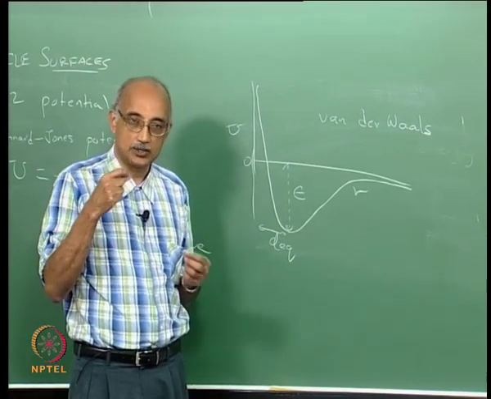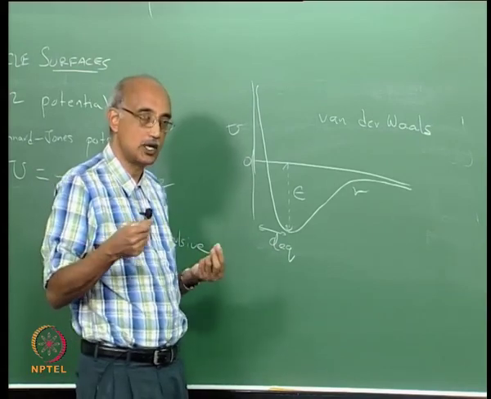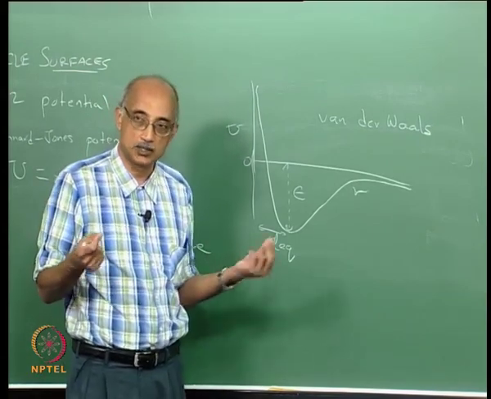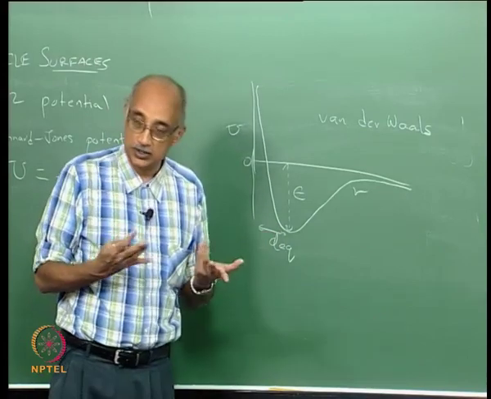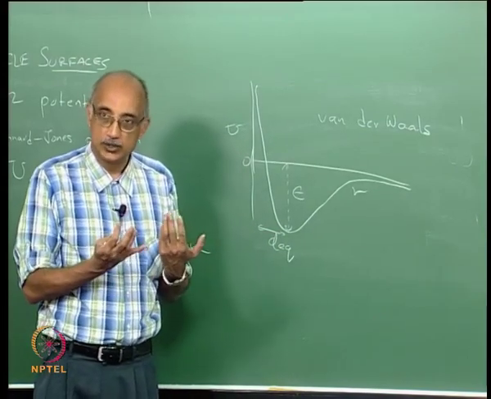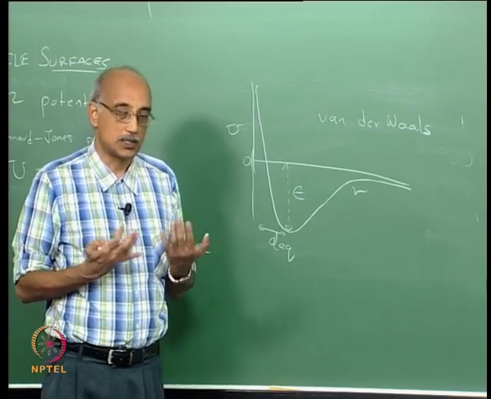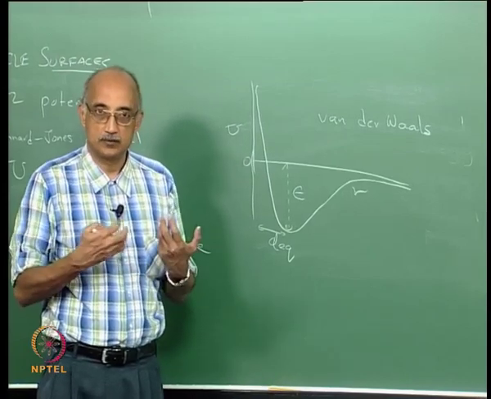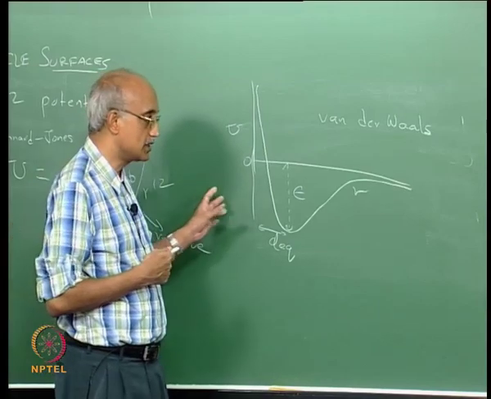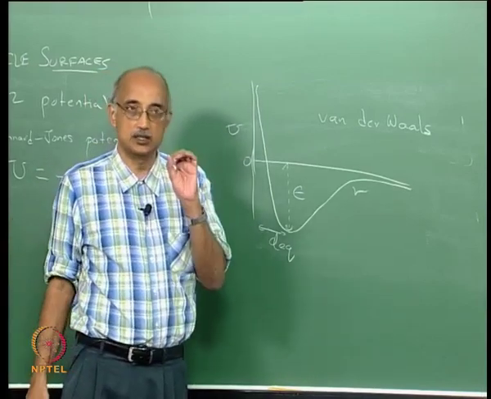So these are links that you have to be clear about in your mind. When people talk about surface energies of particles and they talk about the Lennard-Jones potential, there is a link between the two, which is very, very basic, very fundamental to how particles and molecules behave when they approach each other. And as you can see, these are very much characteristics of the surface.